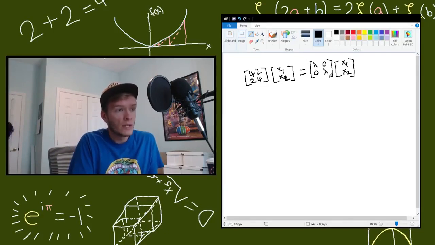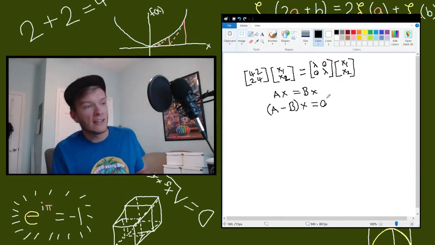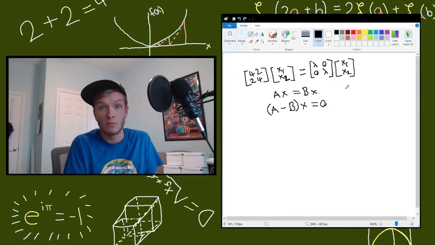What we can do is simply subtract to the other side. You can think of this somewhat like, if we had a times x is equal to b times x, what will we have when we do this conversion? We're going to have the quantity a minus b all times x is equal to 0.